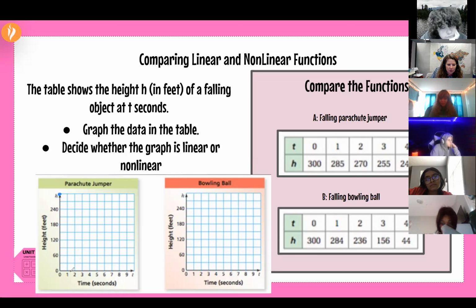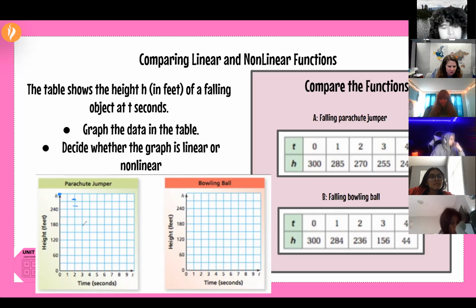All right, and at 1 second, this parachuter was, let's see, is this counting by 80? Let me start at 2. 2 and 270, right up here.